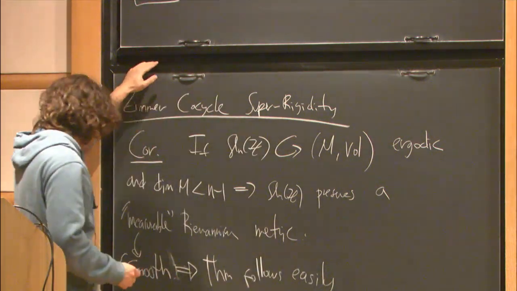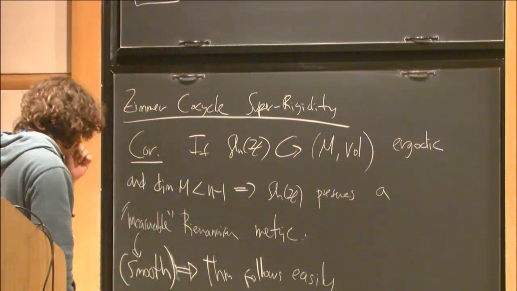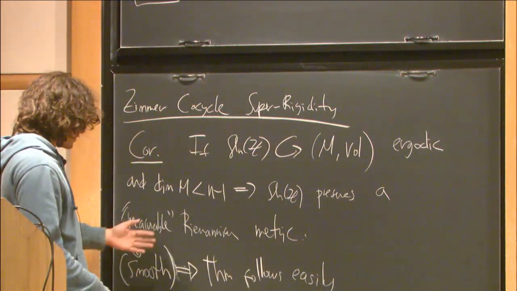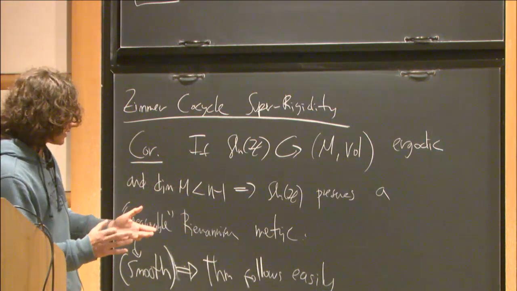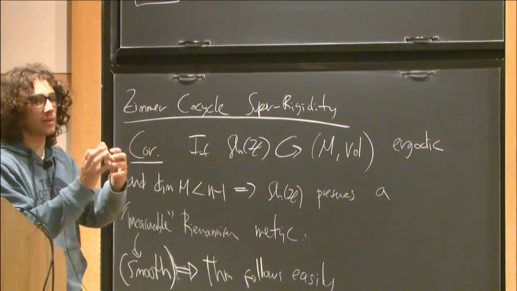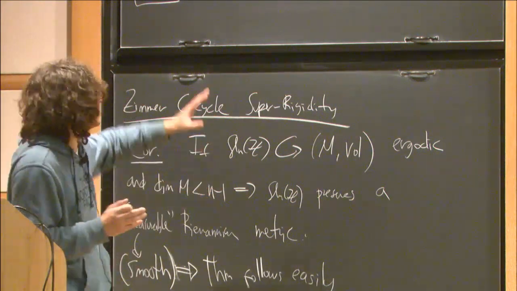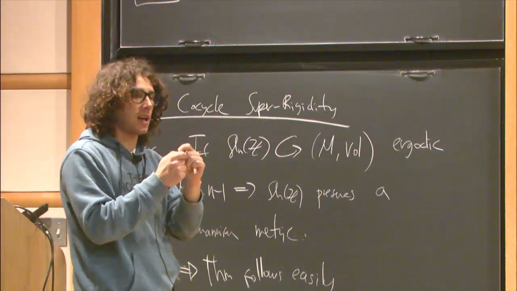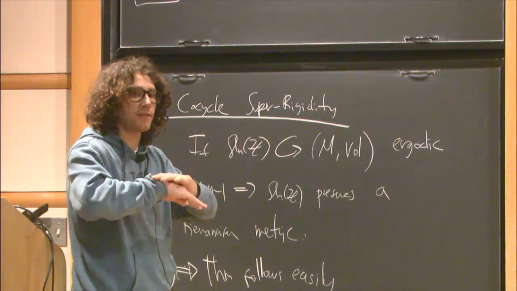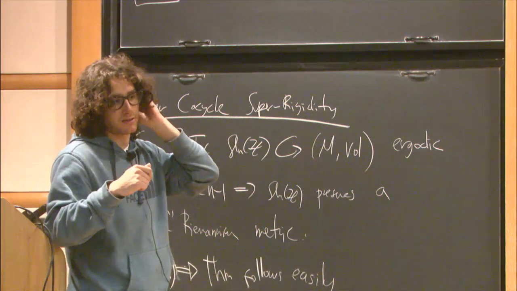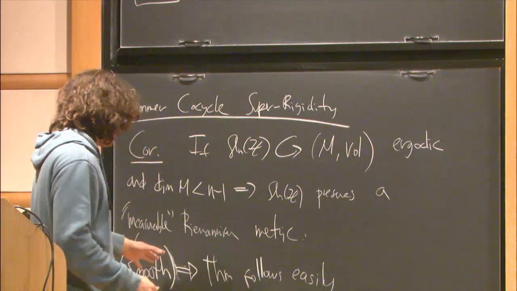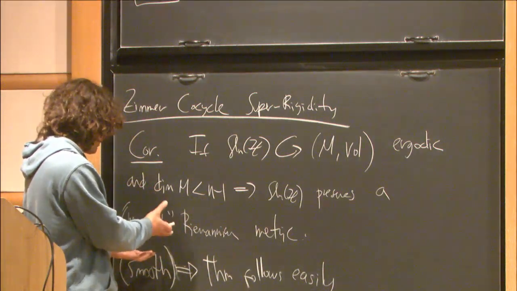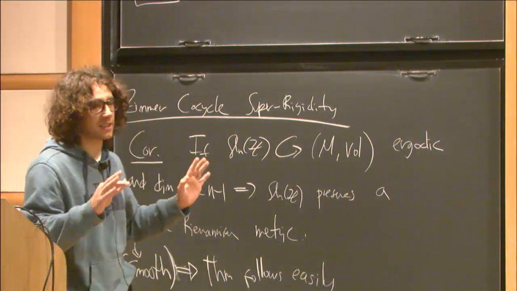Because if you're preserving a Riemannian metric, your action is by isometries, and isometries are really nice diffeos. The problem is that diffeos might have hyperbolic behavior, hyperbolic fixed points, so diffeos could be super crazy. But when you get so much structure as a Riemannian metric, then it's done.